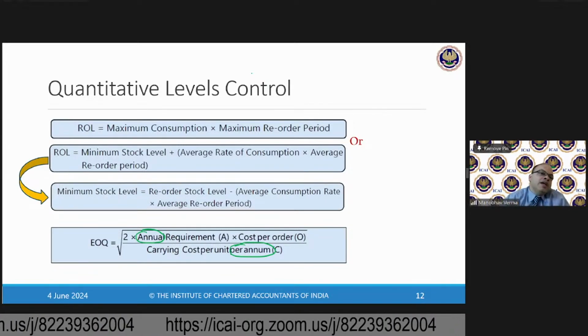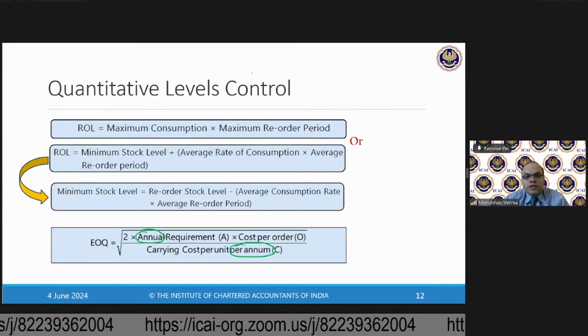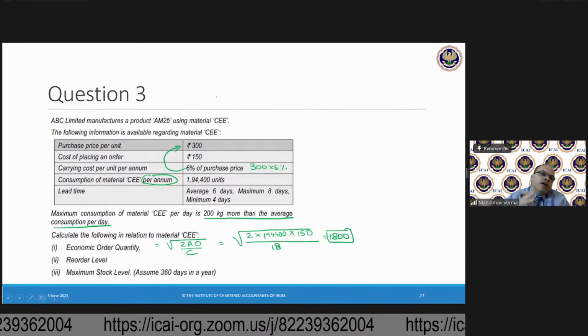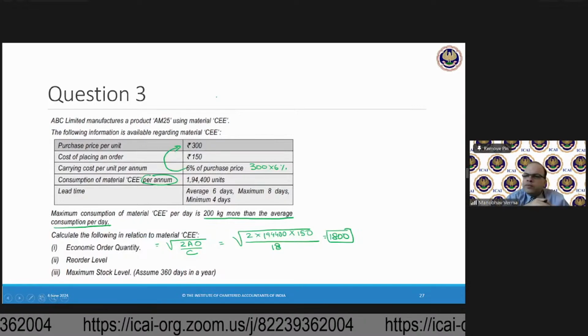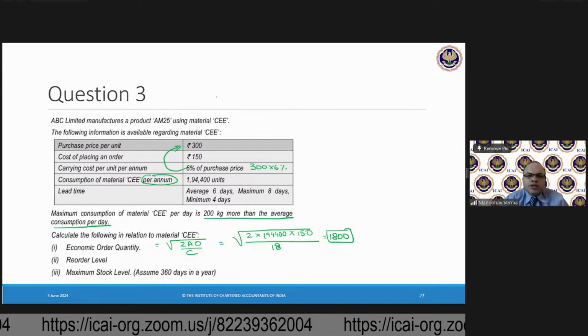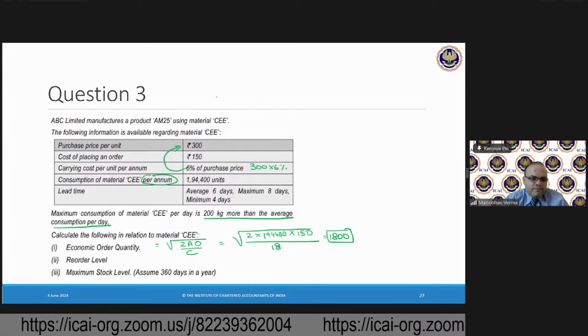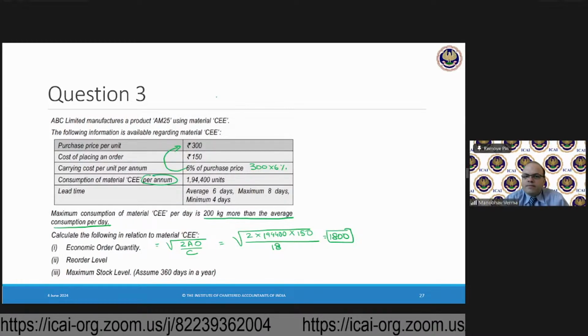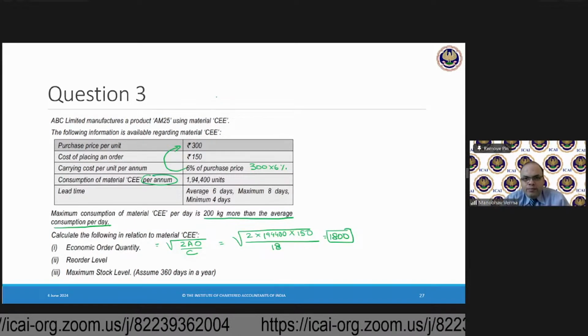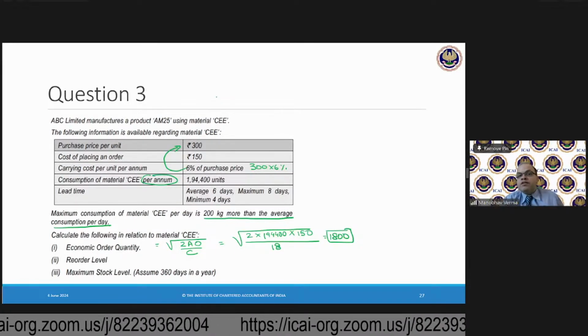Now, considering the information given for us in this question, what do you think, is the formula using the maximum consumption better or the minimum consumption? What do you think? I think you guys need to learn to take a call based on the information given in the question.